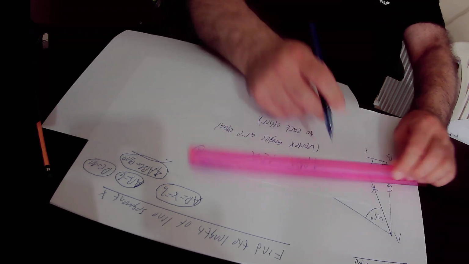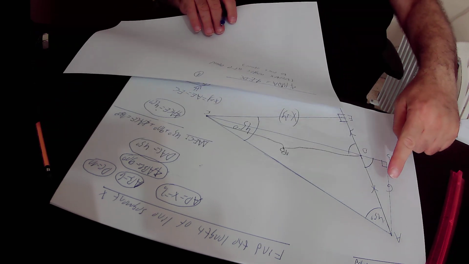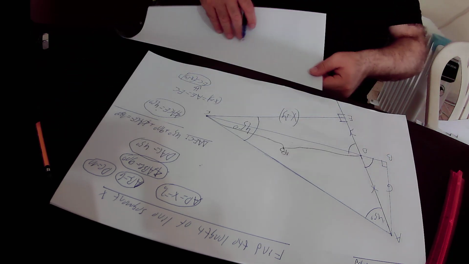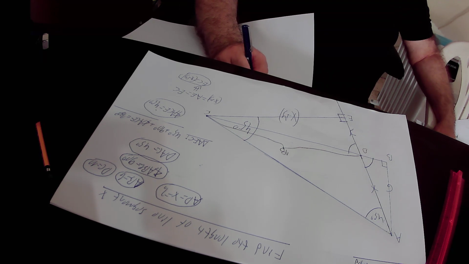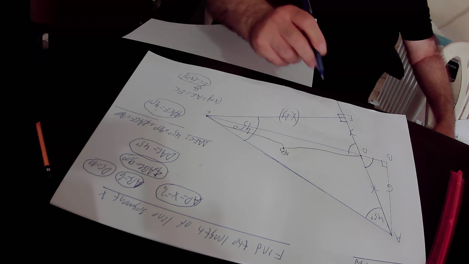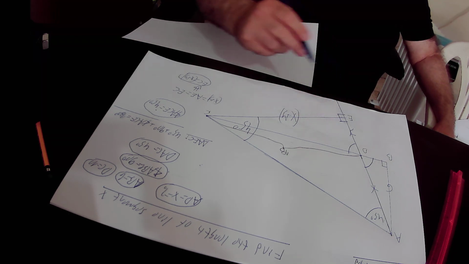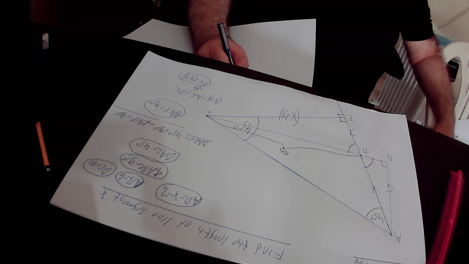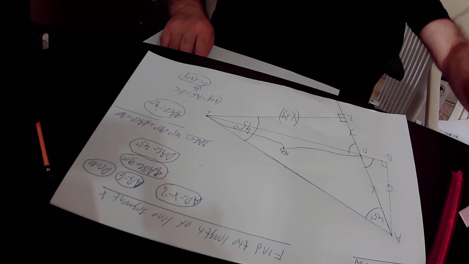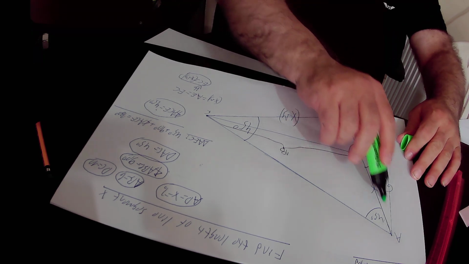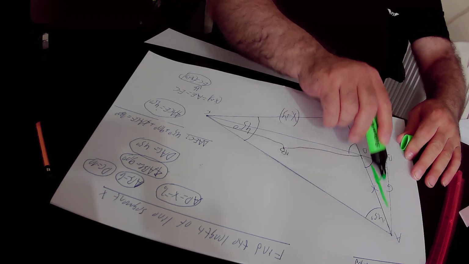So actually we focus on the right triangle ABD and on the right triangle EDC, this right triangle. Okay, we'll focus on those two green right triangles.